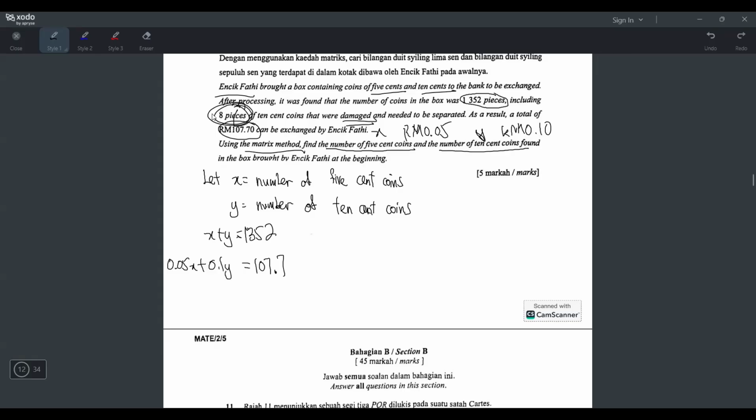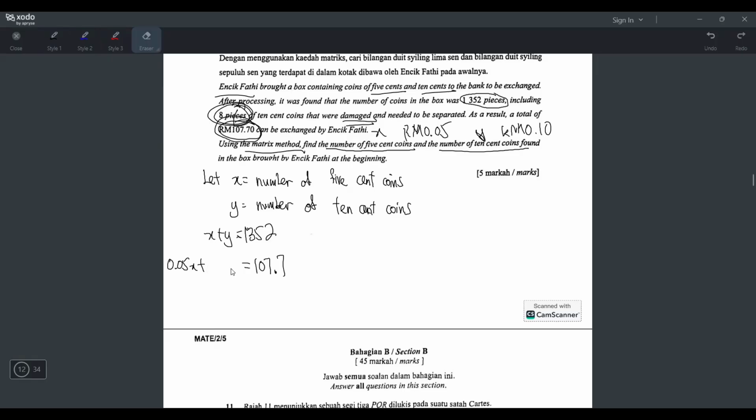But this is wrong, because they mentioned 8 pieces of 10 cent coins were damaged. It means that the damaged ones will not be included in this amount 107.7, because the 107.7 is the amount of the ones that are not damaged, right? So I have to do something here. So what I have to do is I have to take y.